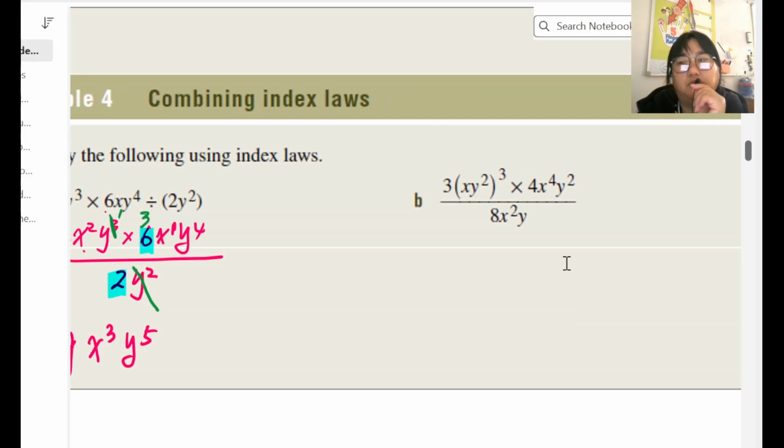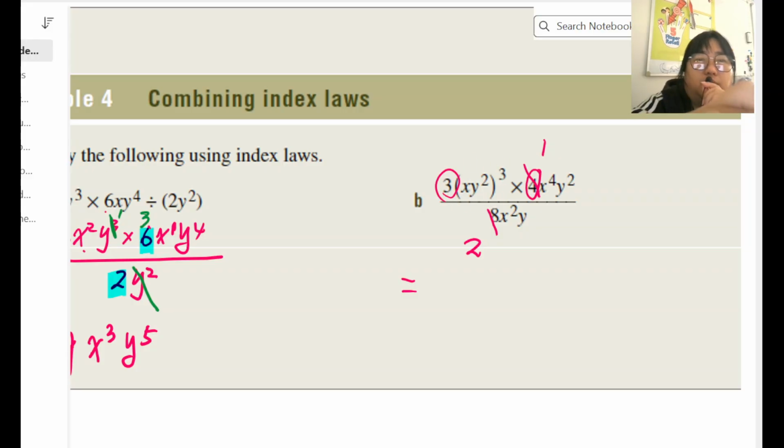Now we check question B. B is 3 times 4, so that is equal to 12. But before you multiply, you can also cancel this. So that is 2, that is 1. Then I just keep on canceling. So I will figure out what is in this bracket.